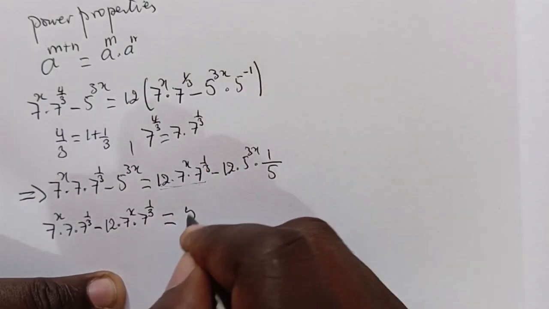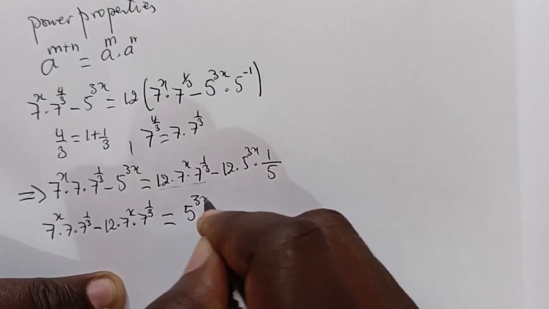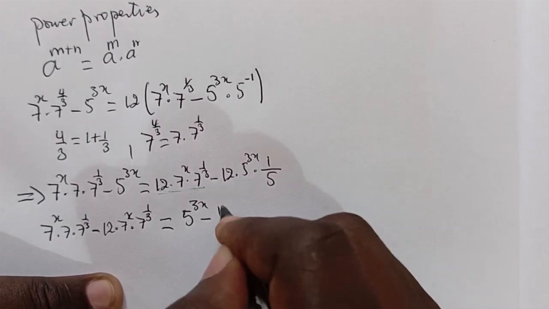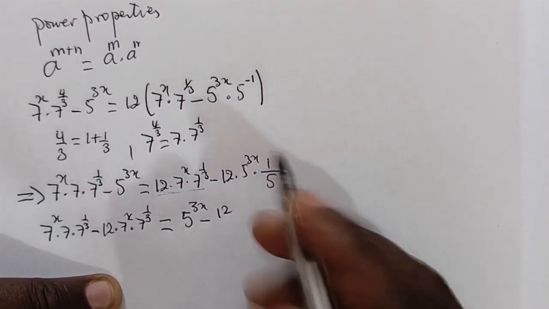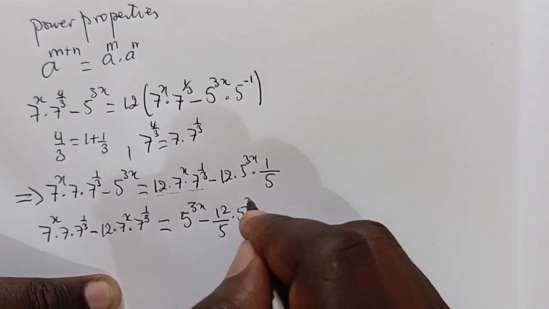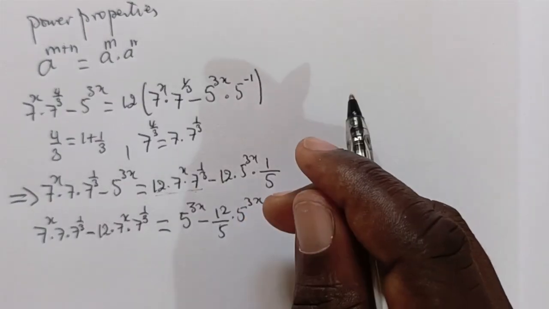It will become 5 to the power of 3x, here is minus 12, I may have 12 over 5, 12 over 5 times 5 to the power of 3x, guys.